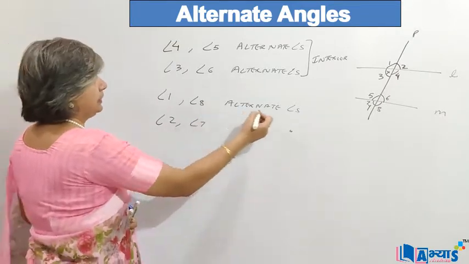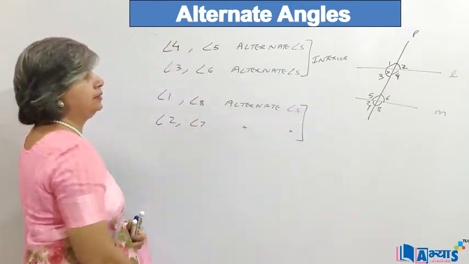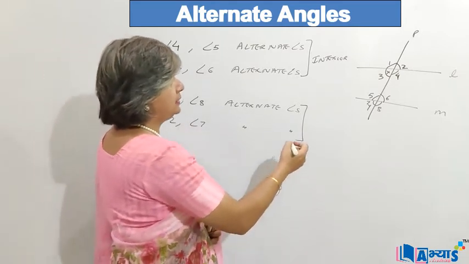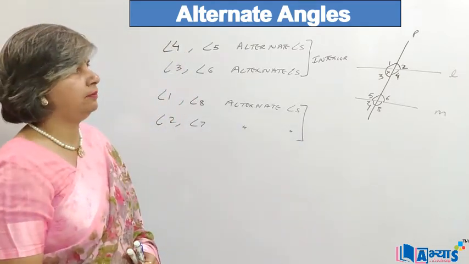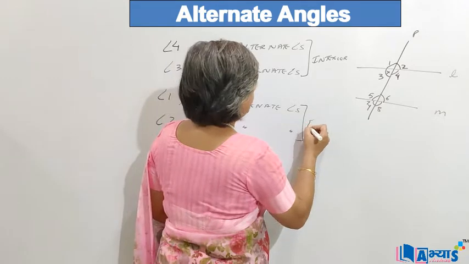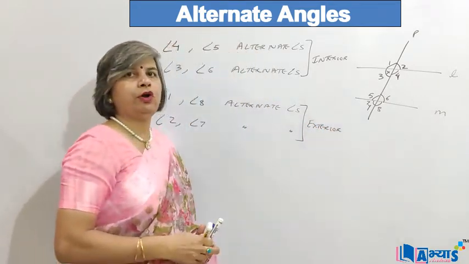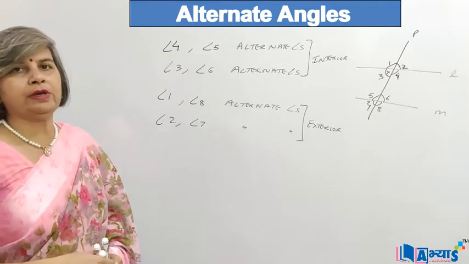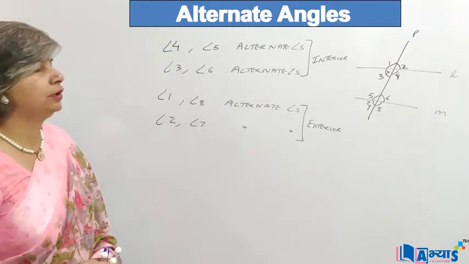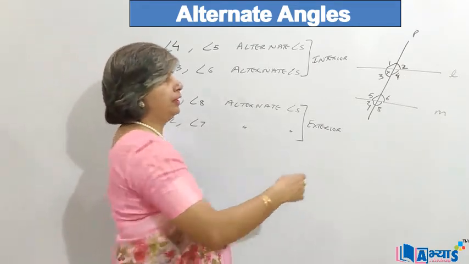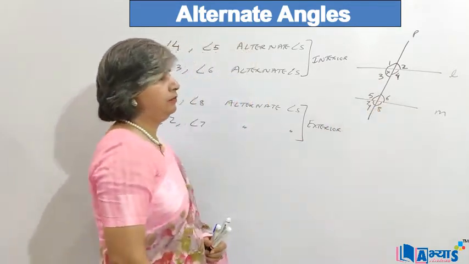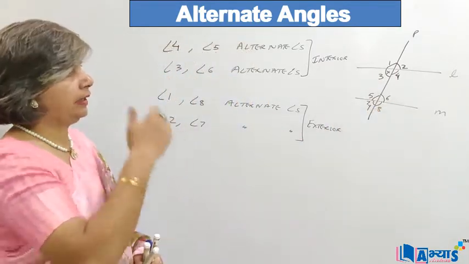Similarly, 1 and 8, and 2 and 7, are outside L and M, so they are called alternate exterior angles. So now we have two pairs of alternate interior angles and two pairs of alternate exterior angles. The alternate interior angles are 4 and 5, 3 and 6, and the alternate exterior angles are 1 and 8, 2 and 7.